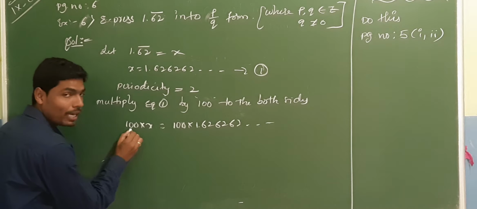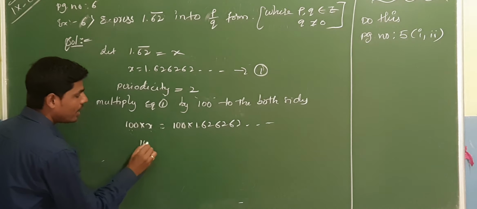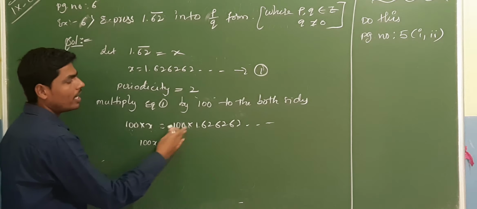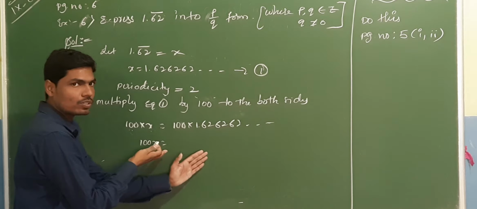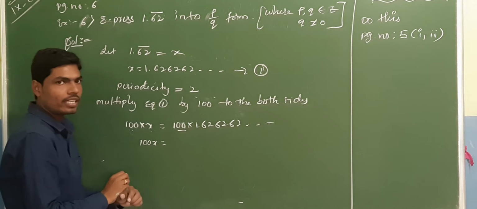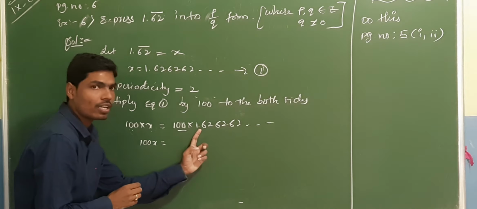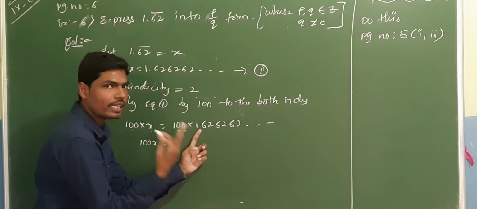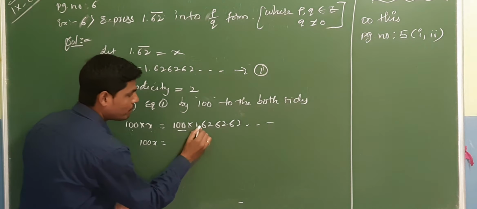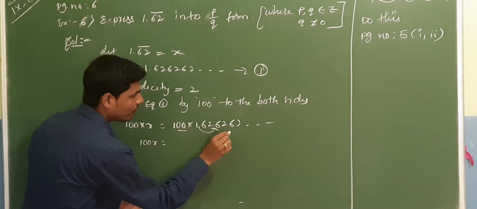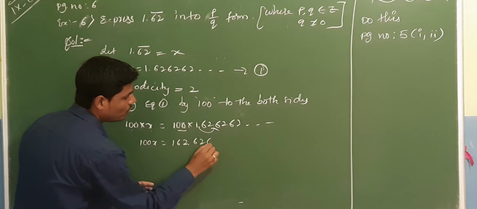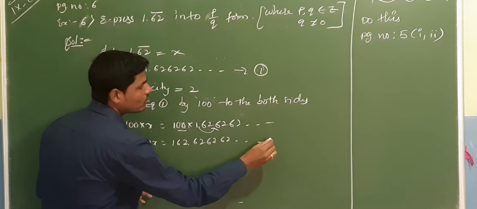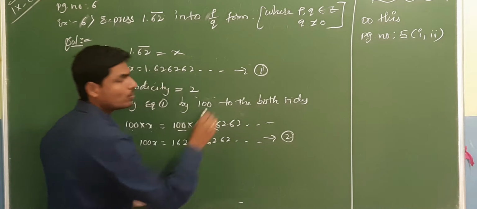When you are multiplying a decimal with a number of zeros, here how many zeros are there? 2 zeros. So the decimal point will also be moved forward by 2 digits. This point will go from here to here, so that it becomes 162.62, 62, 62 and so on. Now take this as equation number 2.